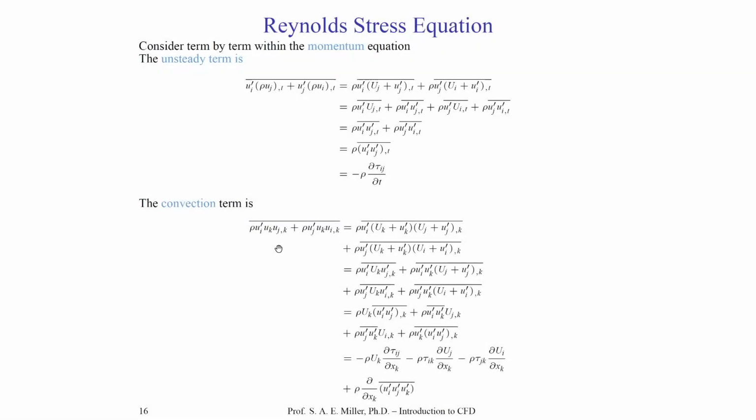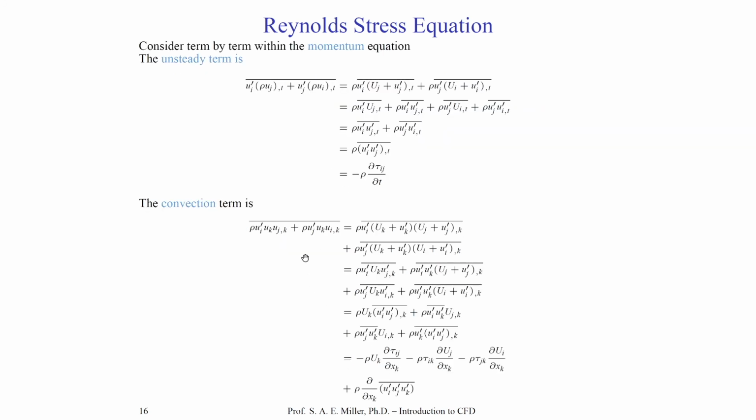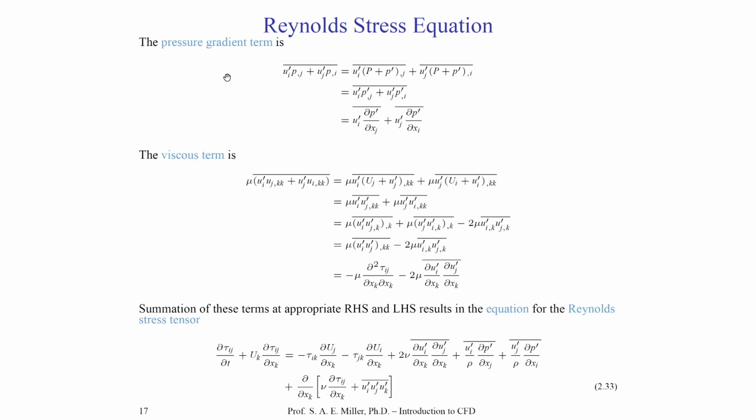The convection term is written here. You'll see we have rho u_i prime u_k u_j,k. So here's the u_i prime term, and we're looking at the second term in the operator. We expand those out. You can see we do this for every term in this expansion. And we get these terms for each particular equation, which I've listed on these pages: pressure gradient term, viscous term, etc. Now, the summation of these terms for the appropriate right-hand side and left-hand side in the equation will result in this Reynolds stress tensor equation, which is set to 0.